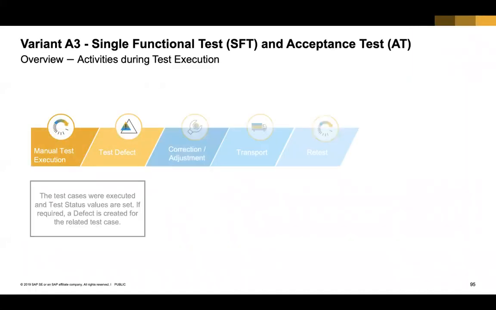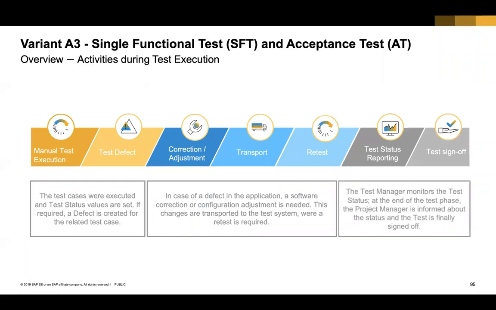Then during execution, what happens? I'll just go through this animation. A tester comes in, finds the test cases using the UI5 app or the Fiori app, executes the test cases, and then sets the status value. And if something goes wrong, they will create a test defect. And then if a defect needs a correction, then the test defect correction is created. Then the developer comes into play.